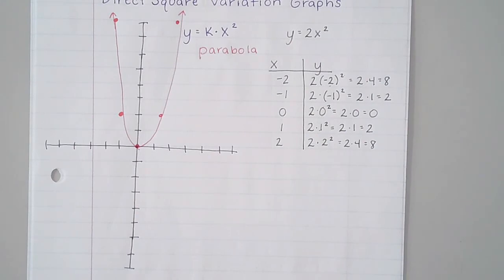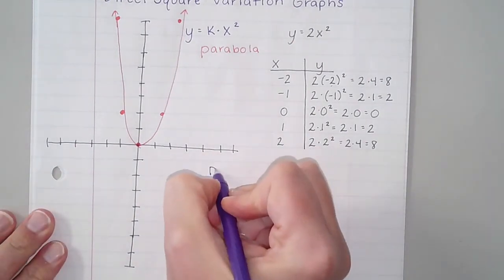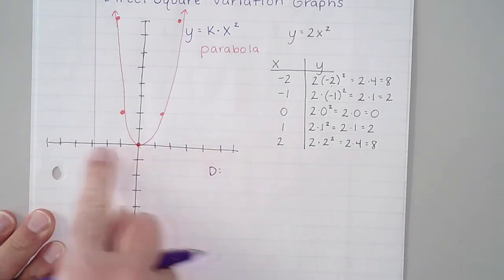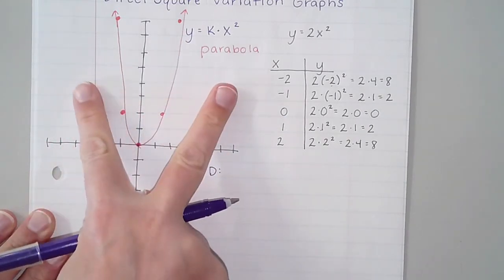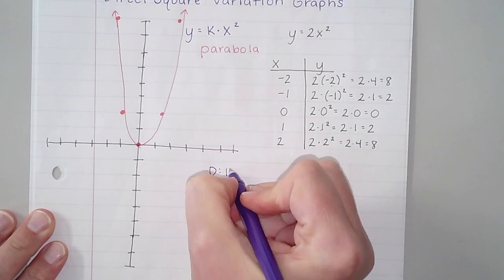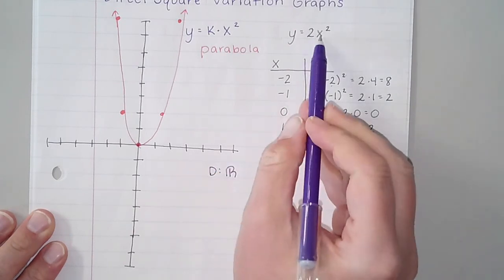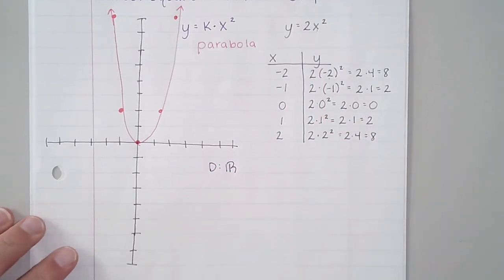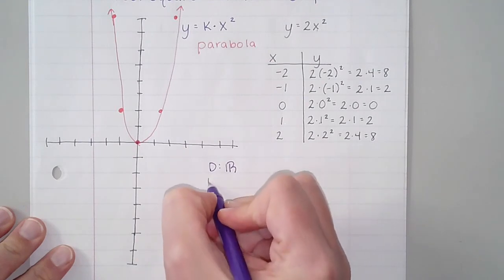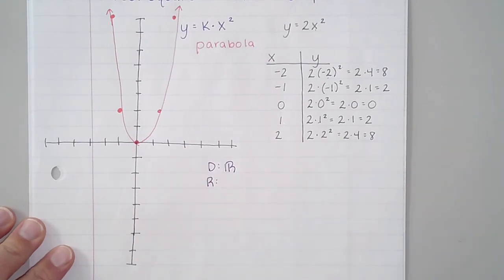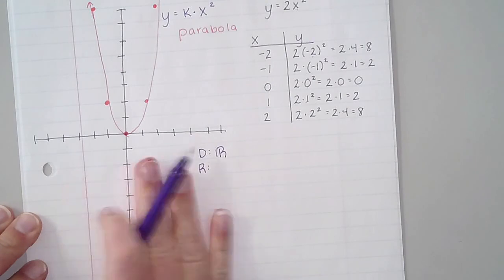All right, so let's talk about our properties here. Domain, if I go left to right on this graph, is eventually going to spread out and cover everything. So my domain is all real numbers. And also, if I look at the equation, there's no restrictions on what I can put in for x. My range, though, is going to be a little bit different. Notice that I never get any negative y values.